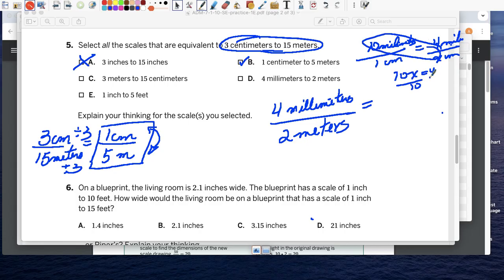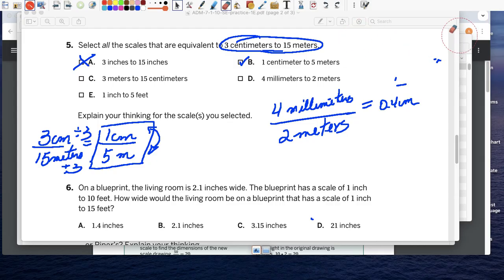Divide both sides by 10, and I get x is 0.4. So 4 millimeters in centimeters, God knows how many of you remember how to change that, is 0.4 centimeters.